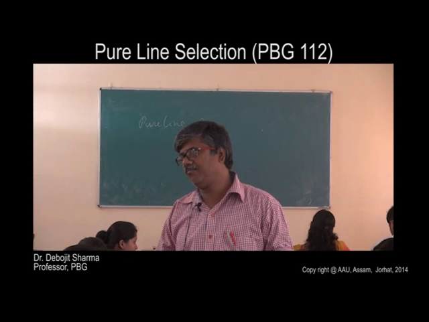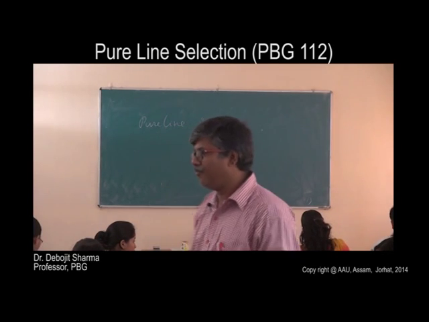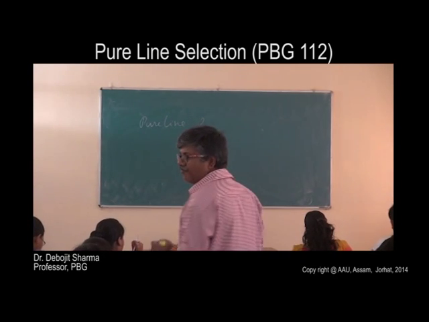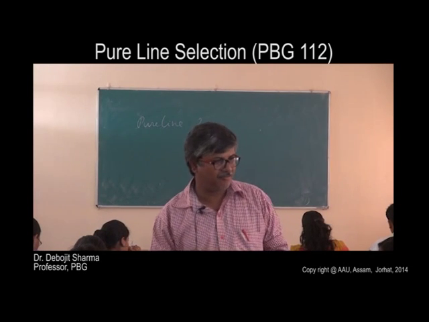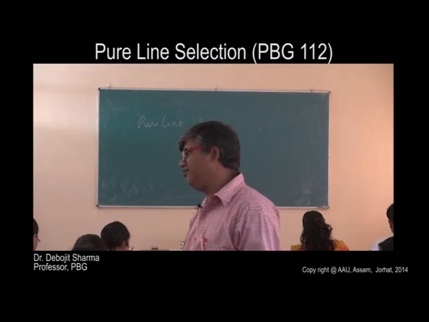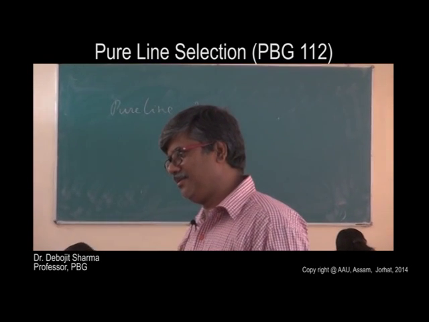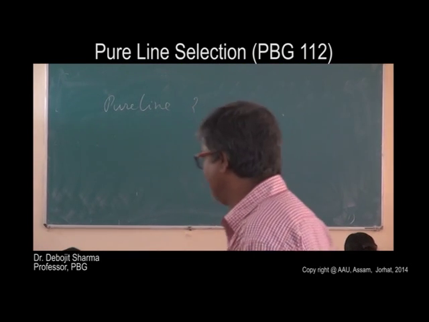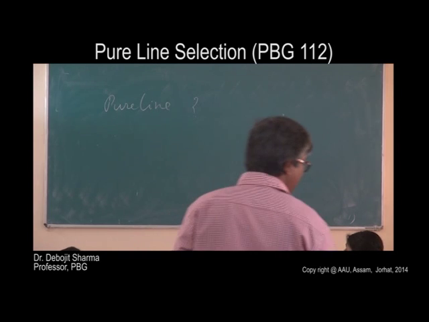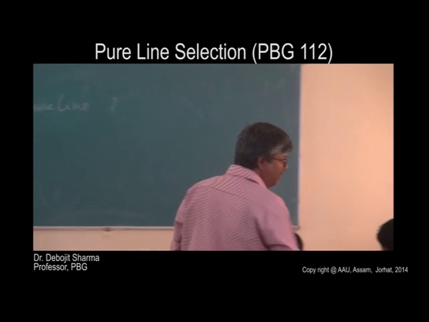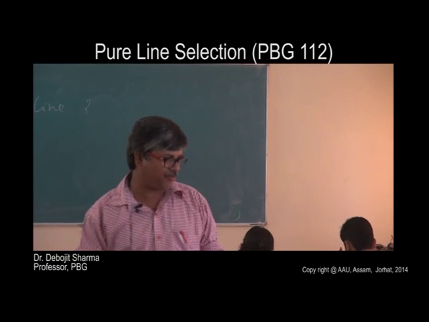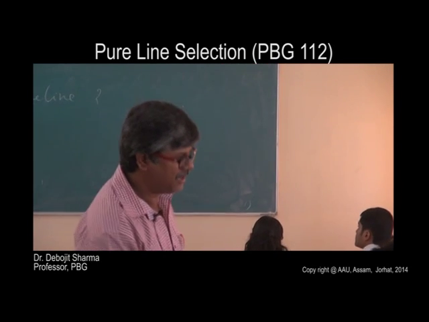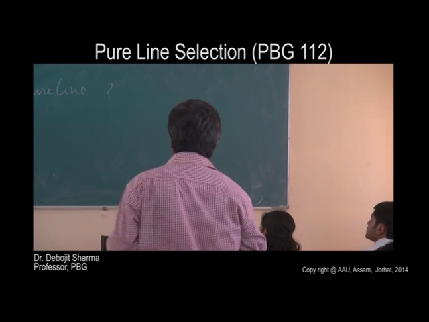I repeated this definition, I think, 20 times. Who can tell it nicely? It is the progeny of a single homozygous plant in a self-pollinated species.